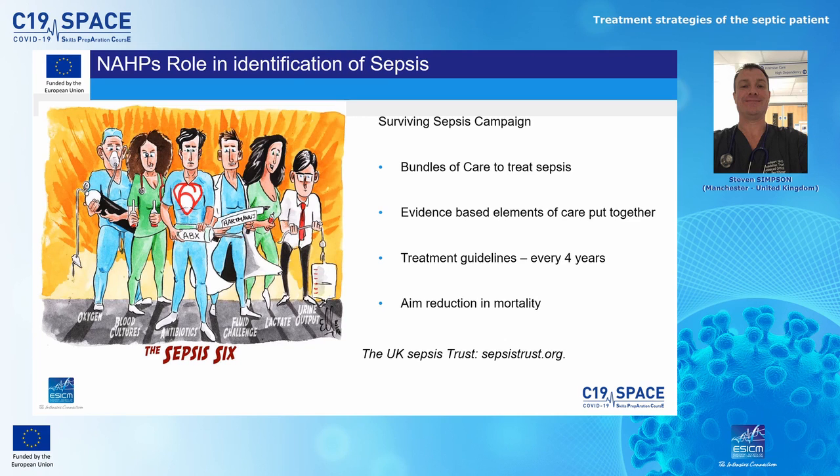These guidelines have been updated every 4 years, and their aim is to reduce mortality in patients that have sepsis. The first Sepsis 6 bundle looked at giving patients oxygen, taking blood cultures, giving antibiotics, giving a fluid challenge, measuring lactate, and measuring urine output.